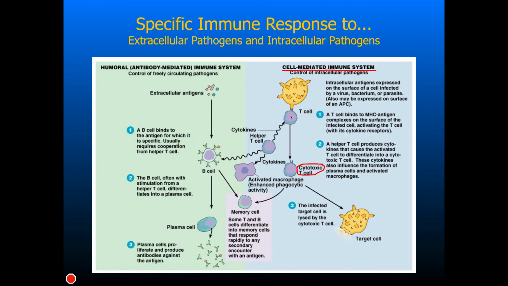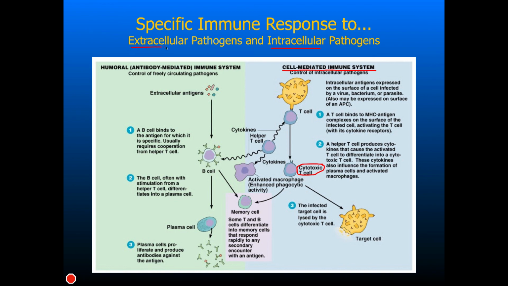It's recognizing something inside of our own cells, okay? It's recognizing something inside, like a virus. So the cytotoxic T cells are really about the intracellular pathogens more than extracellular pathogens, those cytotoxic T cells.